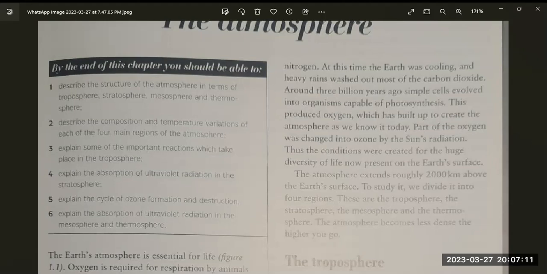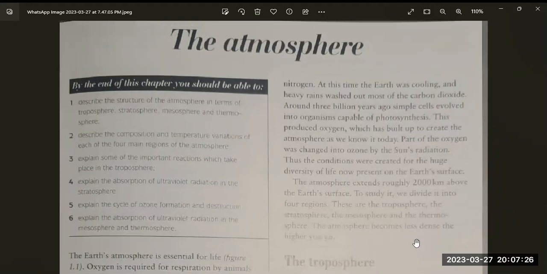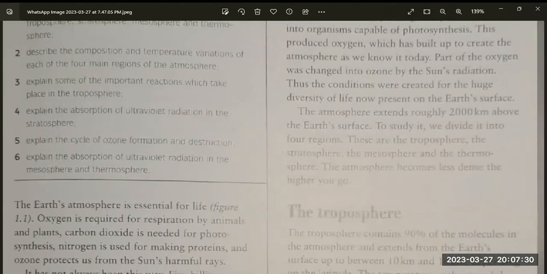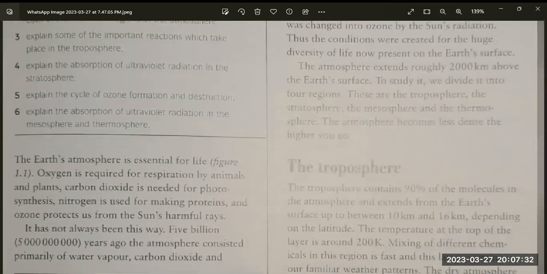The atmosphere extends roughly 2,000 kilometers above the Earth's surface. So between the Earth and the atmosphere is about 2,000 kilometers. To study it, we divide it into four regions: the troposphere, the stratosphere, the mesosphere, and the thermosphere.